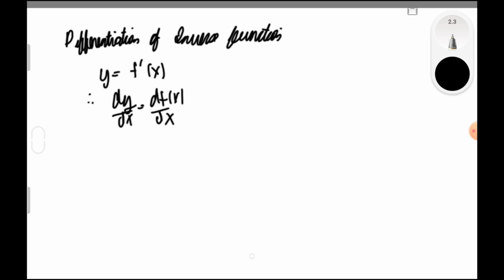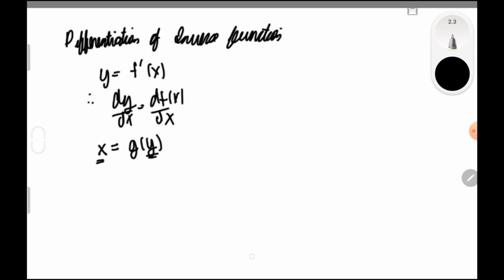But what happens when we apply the so-called inverse function differentiation? Let's say I have a variable x which is equal to a function, let's say g of y. As you can see, x is the output variable and y becomes the input variable.